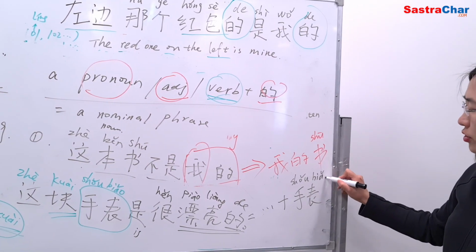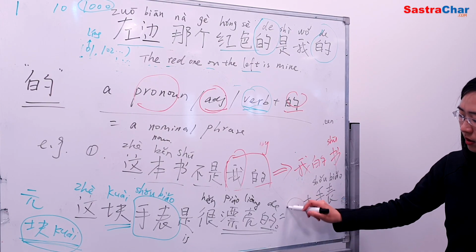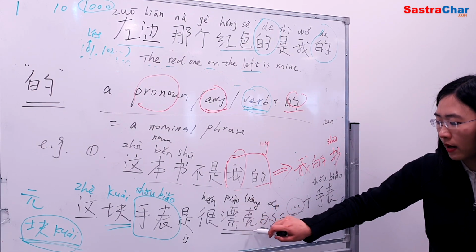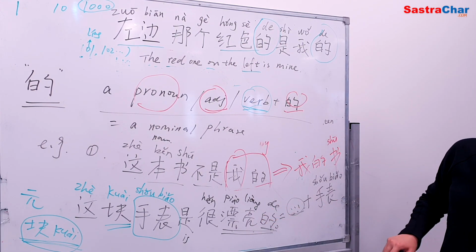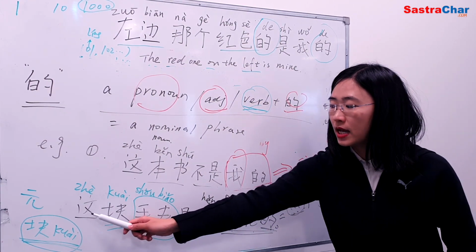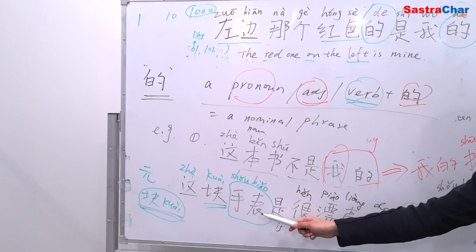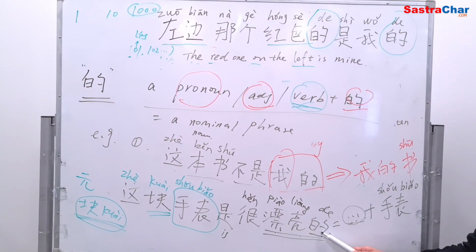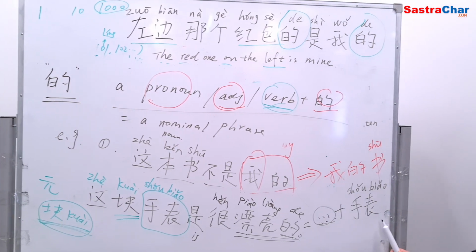Yeah, 手表 watch. So these three dots here mean we replace 漂亮的. Okay, 漂亮的. So if you say this in a whole sentence, it should be 这块手表是很漂亮的手表.